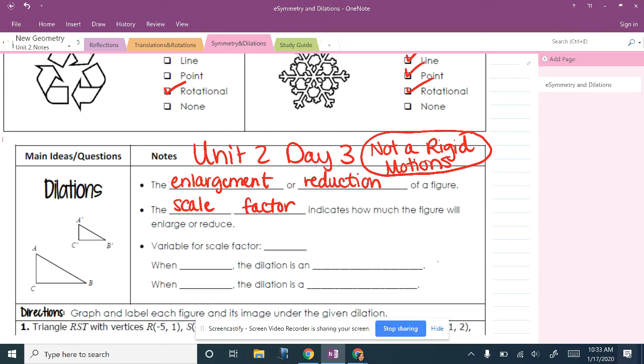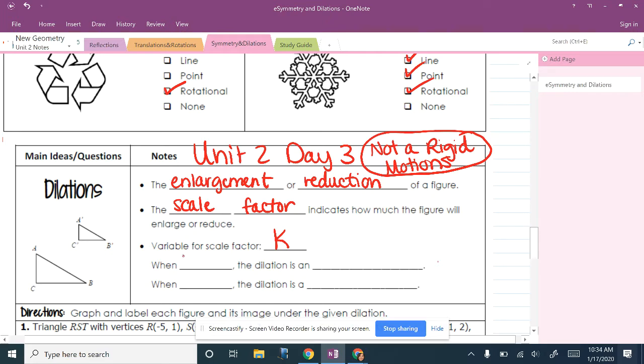So the scale factor is a number that tells us by how much we enlarge or reduce. If I have a scale factor of 2, it's going to double in size. If I have a scale factor of 1/2, we're going to shrink it to half of what it is. Does that make sense? The variable we use for a scale factor is K.